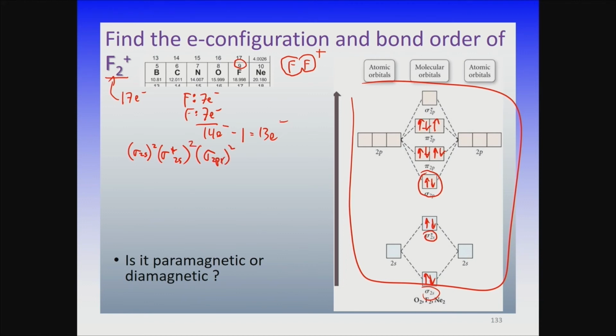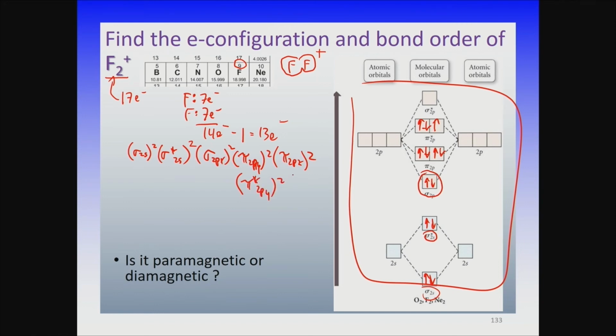And then what's the next one up? Here we have pi 2py, 2 electrons, and pi 2pz, 2 electrons. And then finally, I'm going to keep this going here, we have 2 electrons in the antibonding pi orbital of the y, so it's pi star 2py, we've got 2 electrons there.